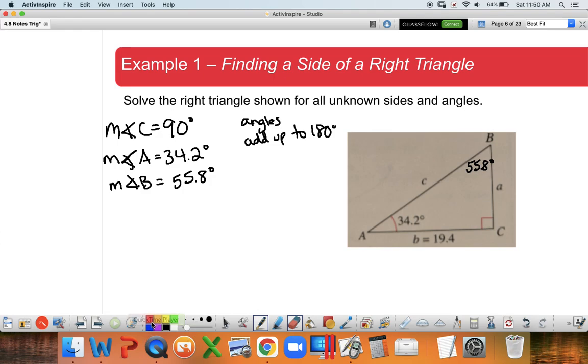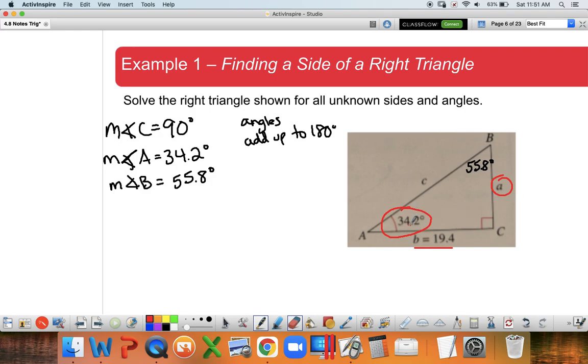Now say we want to figure out side a, and we have our angle over here, and we have this side here. Notice I only have the one side given to me. I cannot use the Pythagorean theorem unless I have two sides given to me. So in order to figure out one of the sides, I have to use SOHCAHTOA.